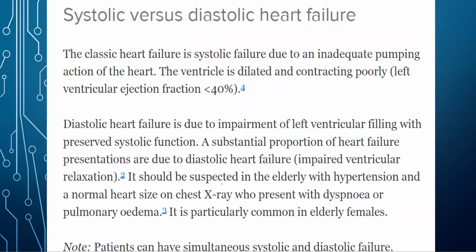Diastolic heart failure should be suspected in the elderly with hypertension, but normal heart size on the chest X-ray, who present with dyspnea or pulmonary edema.